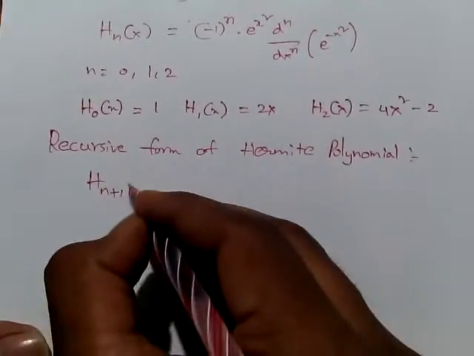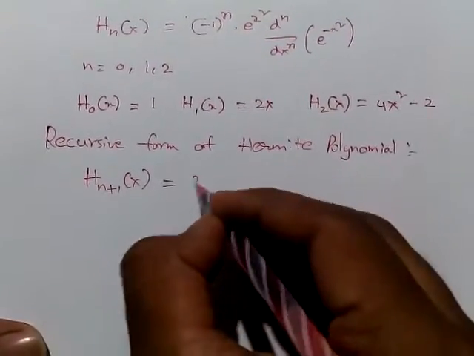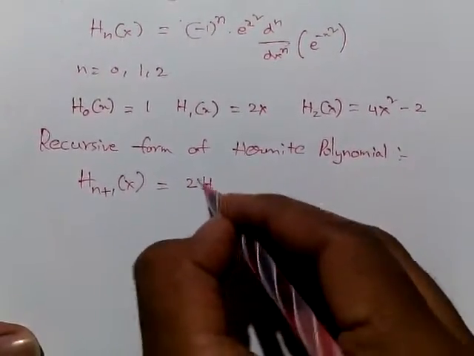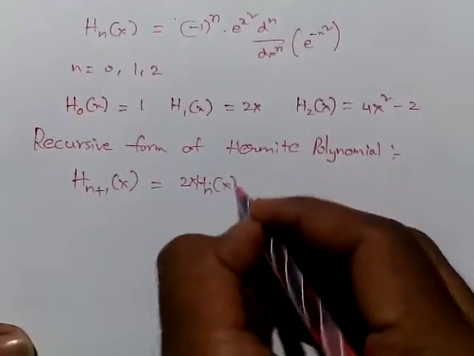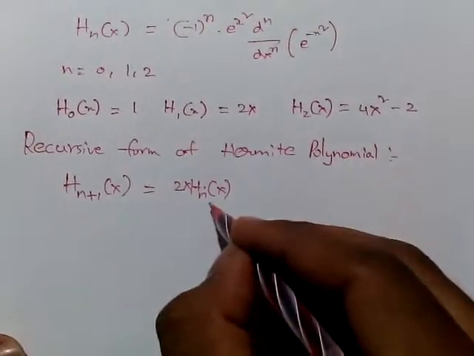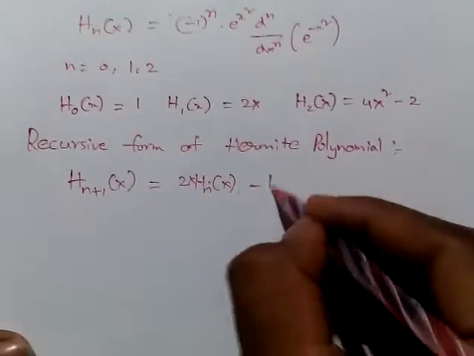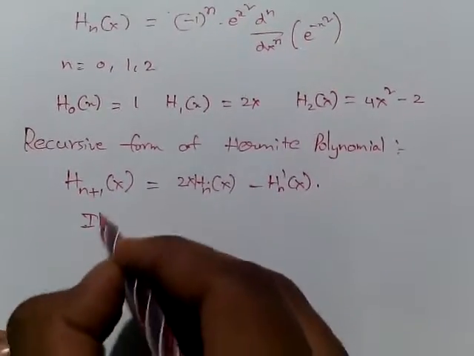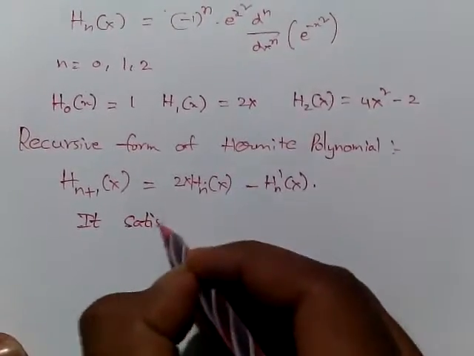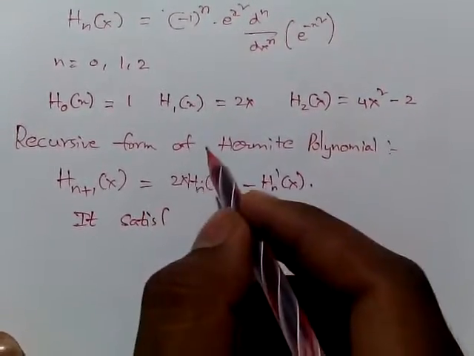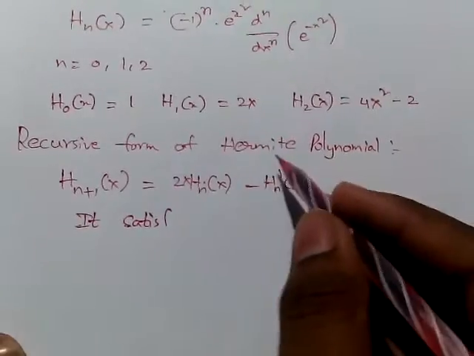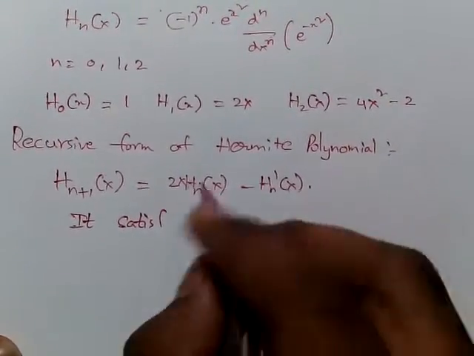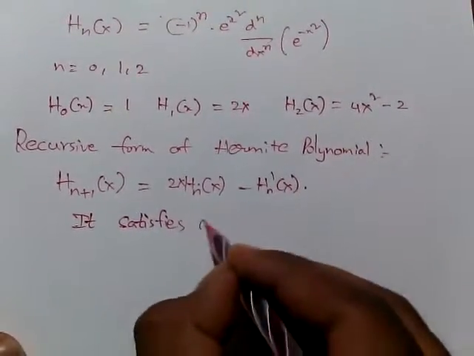I am writing the recursive form of the Hermite polynomial. Hn plus 1 of x is equal to 2x into Hn of x minus Hn dash of x. It also satisfies orthogonality. Why? Because we call Hermite as belongs to the classical orthogonal polynomials. This is the reason. This recursive form will satisfy the orthogonality.